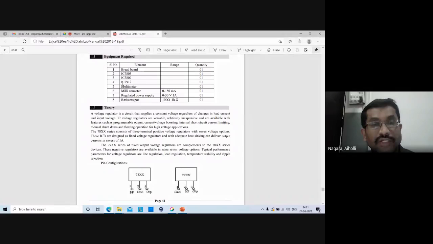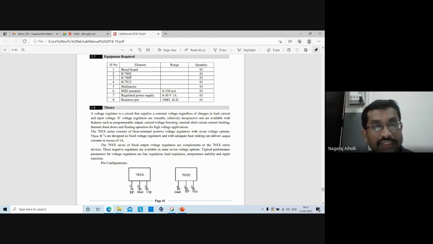Similarly, we have the 7809 IC, which is a 9 volt voltage regulator. That is, if the input voltage goes above 9 volts, the output voltage remains fixed at 9 volts. Similarly, 7812 is a 12 volt regulator.